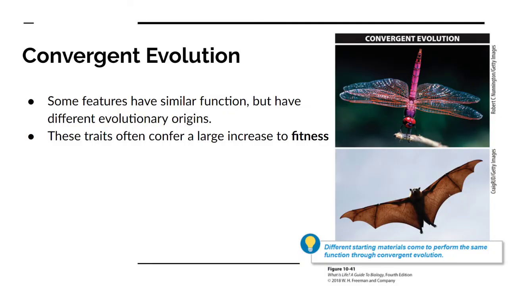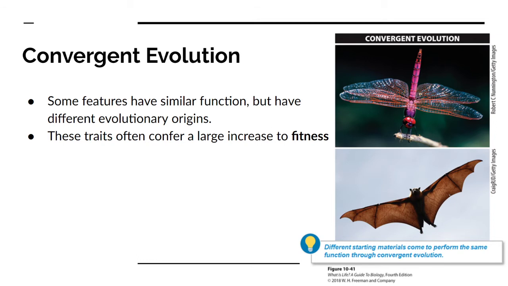But anyways, with that, let's look at an example. We had features that looked similar and have a shared background. Now we're looking at an example of something where it is a feature that shares a function, but they have different evolutionary backgrounds. They evolved separately from one another. Convergent evolution is an example of a characteristic or feature that is similar in function but has a completely separate point of origin.